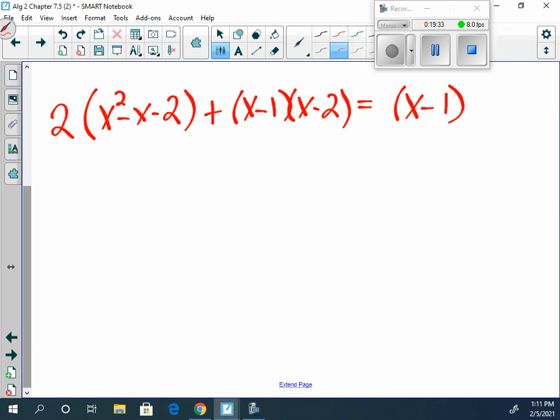Which gets us to this here. Once we've simplified everything down, we don't have any more fractions anymore, since we multiplied each one of these terms by x minus 1, x plus 1, and x minus 2. Any questions on any of this here so far? Are we good with all this here?